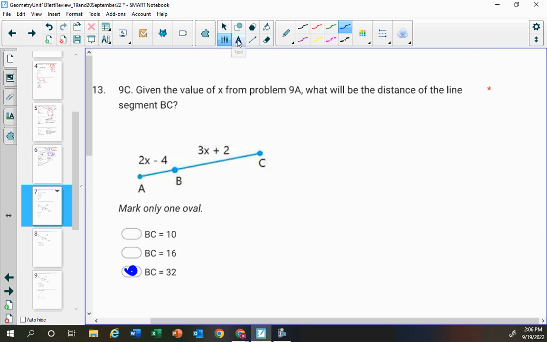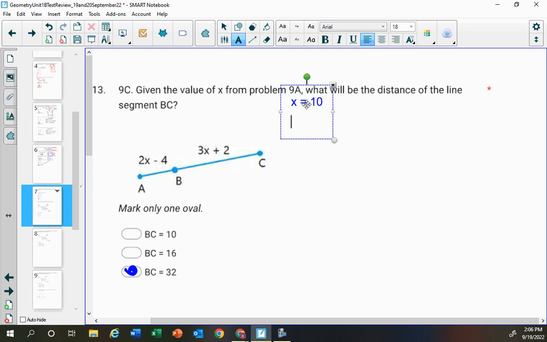Quickest way, x is 10. BC equals 3x plus 2. BC equals 3 times 10 plus 2.